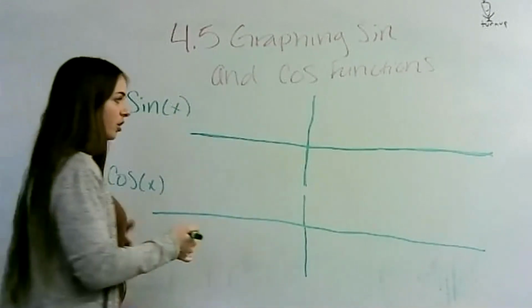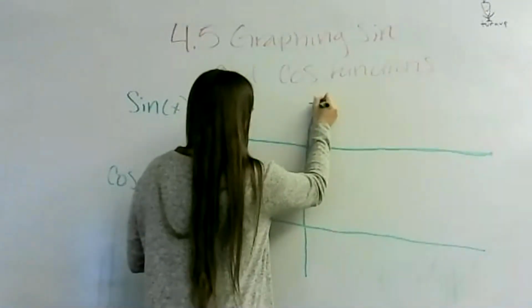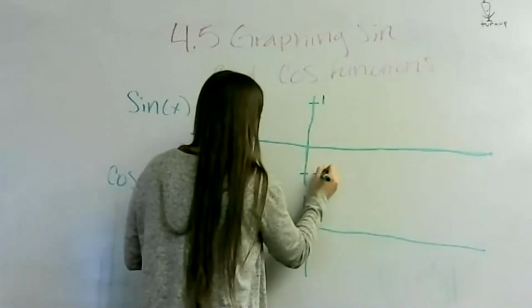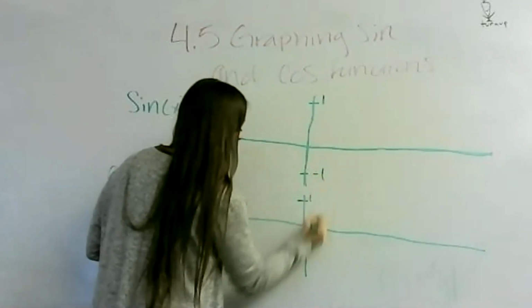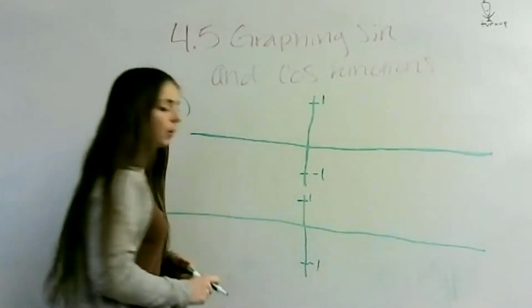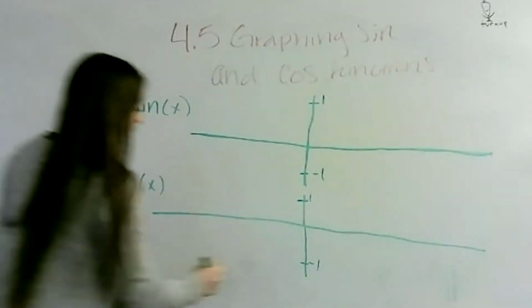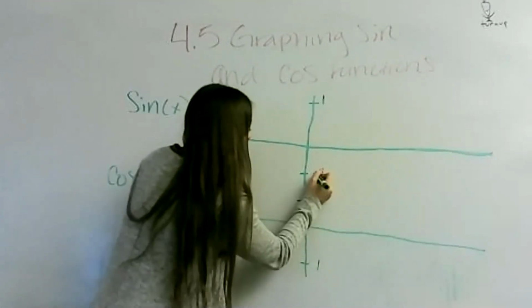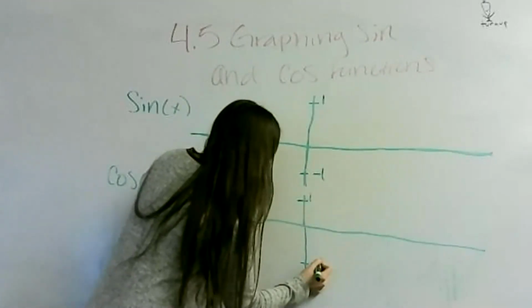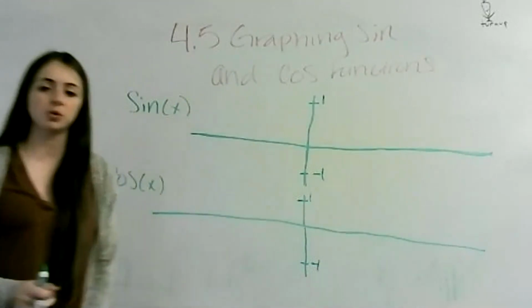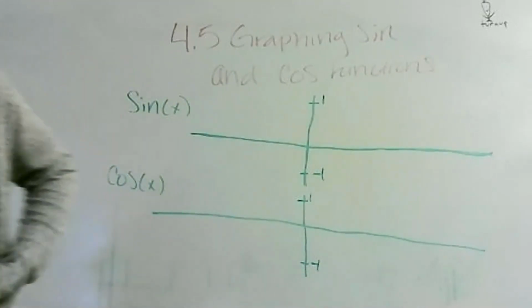It's that parent function without altering anything. So we go up to 1, down to -1, up to 1, down to -1. Our cosine and sine functions are both very alike with some very small differences between the two. We'll talk about those two small differences while we're going through these.